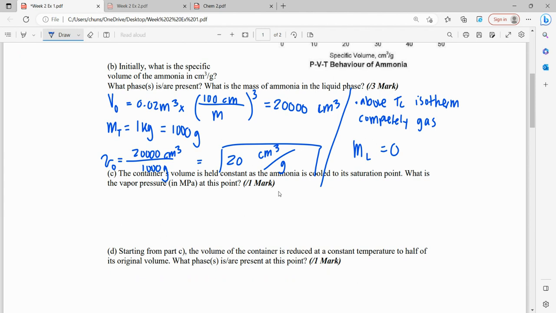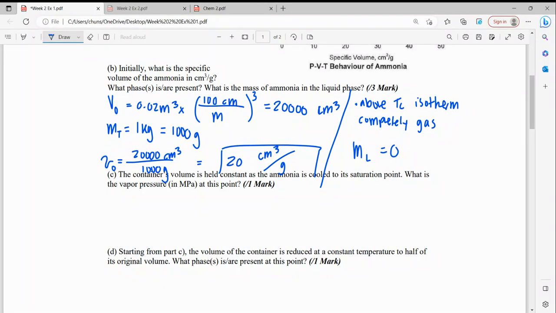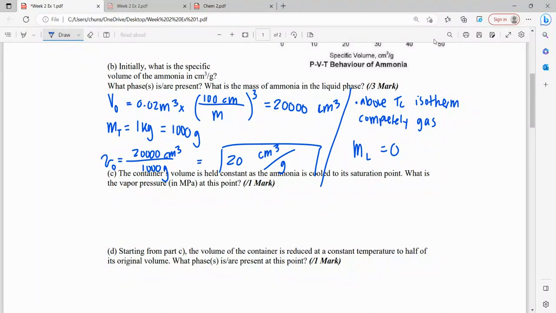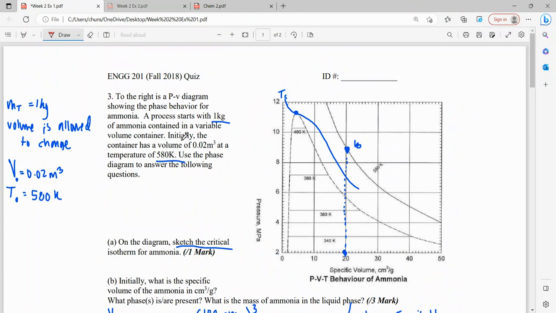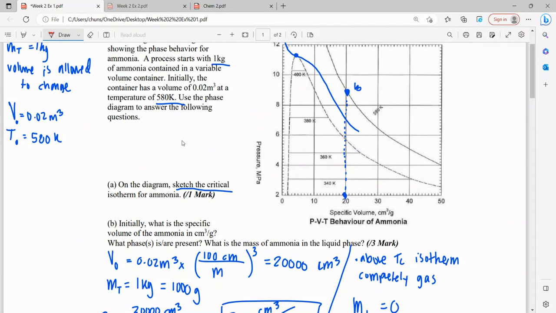Okay, so our volume is held constant as our ammonia is cooled to its saturation point. So what is the vapor pressure at this point? For this next question, I'm going to use a different color. The point that we were given was point B, and we want to cool it.